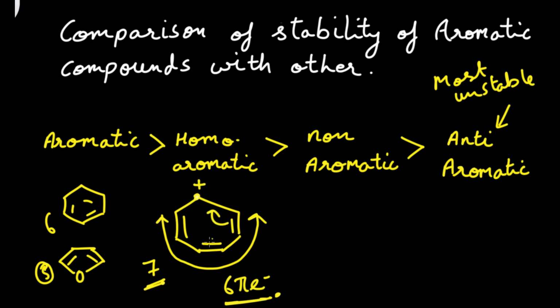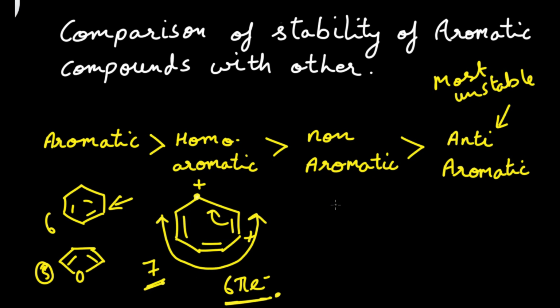The electron will transfer to this side, and the positive charge will shift to this carbon. That's how conjugation works. So this compound is now aromatic, but since it is not the same as benzene, we have given it a new name, homoaromatic. So these kinds of compounds come under the category homoaromatic.